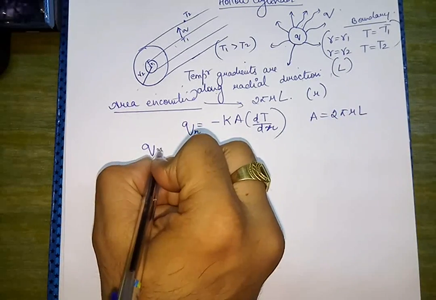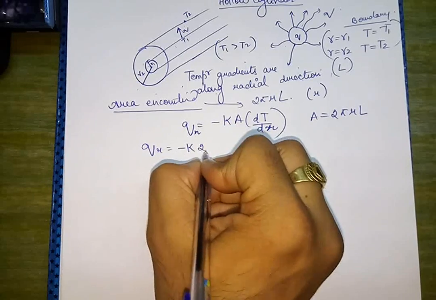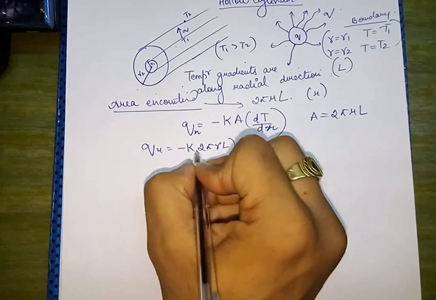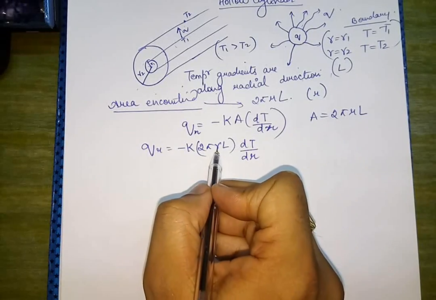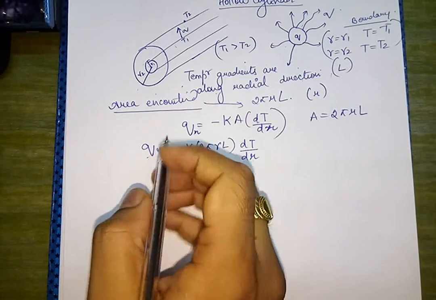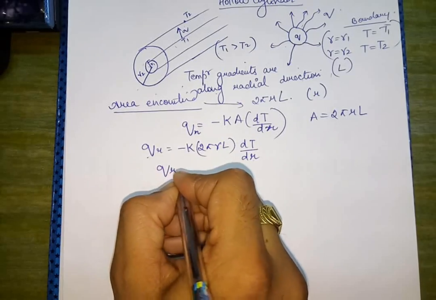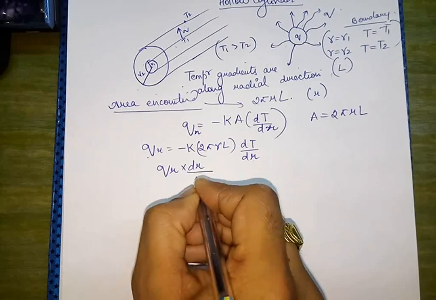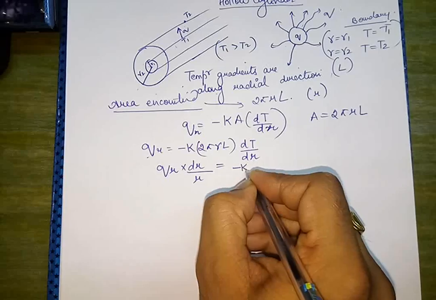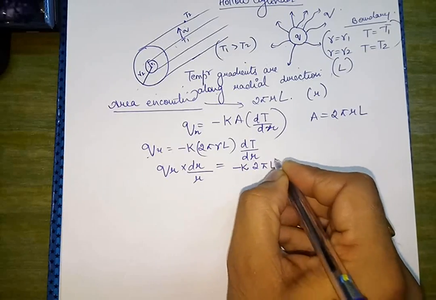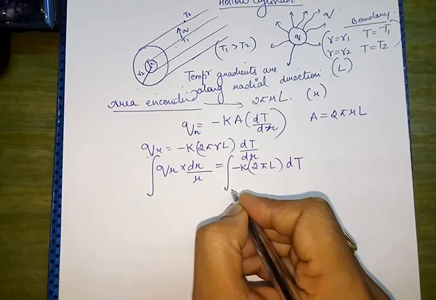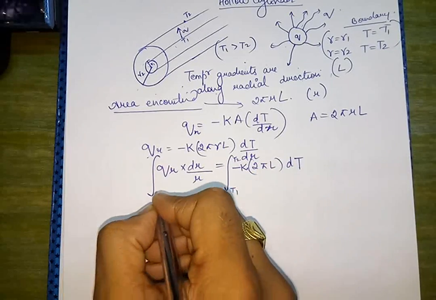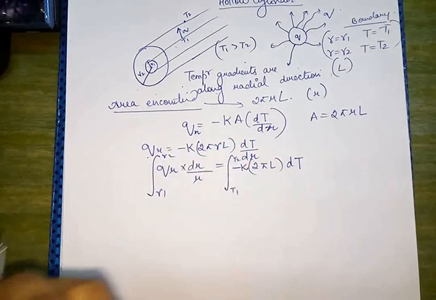So we have Qr is equal to minus K 2 pi rL dT over dr. Now I will take r and dr on the left hand side. It will become Qr into dr by r is equal to minus K 2 pi L dT. Now simply integrate both the sides, T1 to T2, and this side r1 to r2.